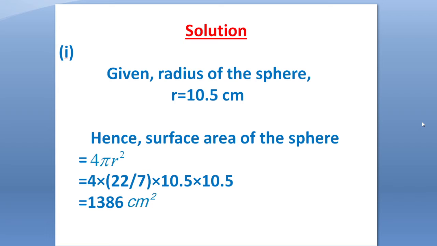Hence, surface area of the sphere is equal to 4 pi r square, which is equal to 4 into 22 by 7 into 10.5 into 10.5, which is equal to 1386 centimeter square.